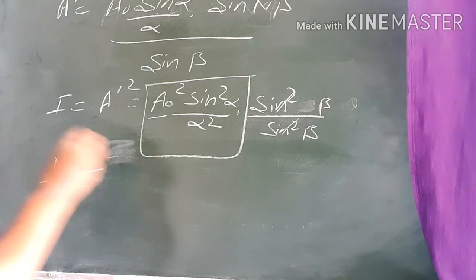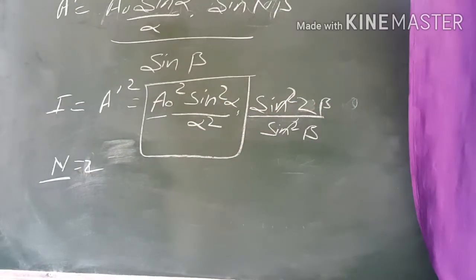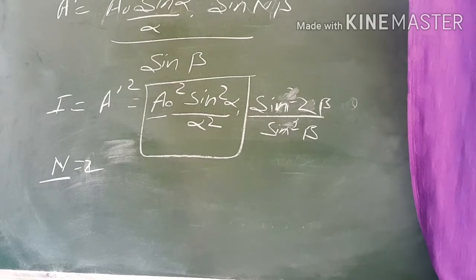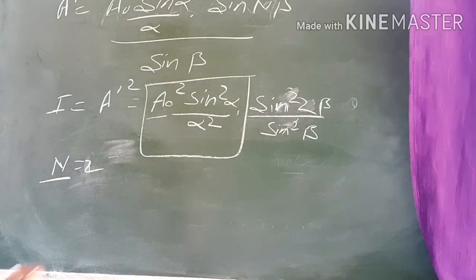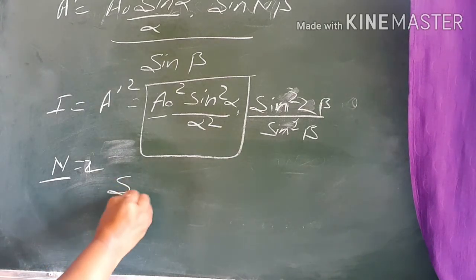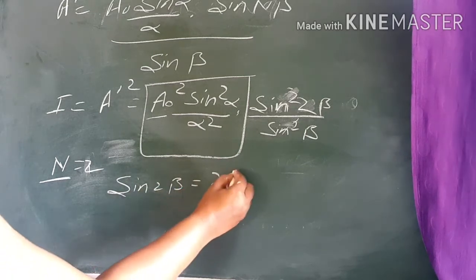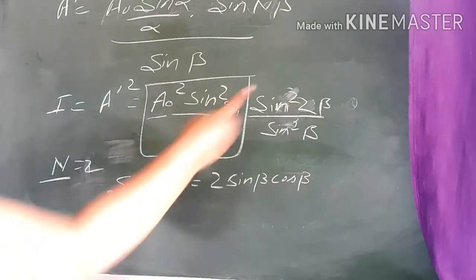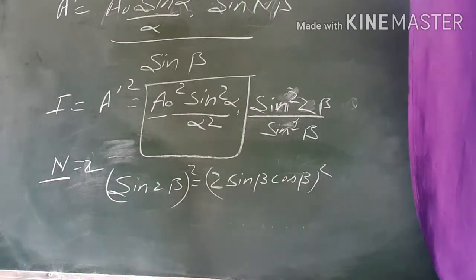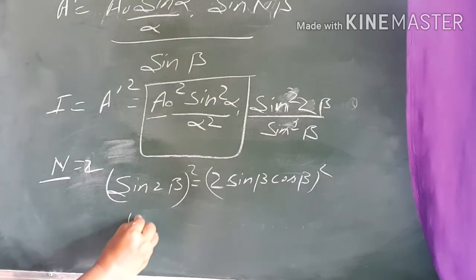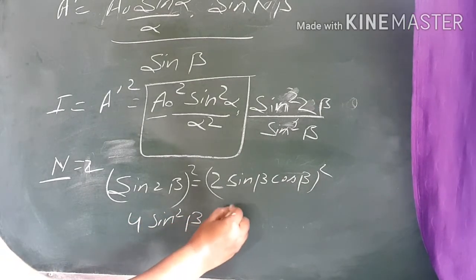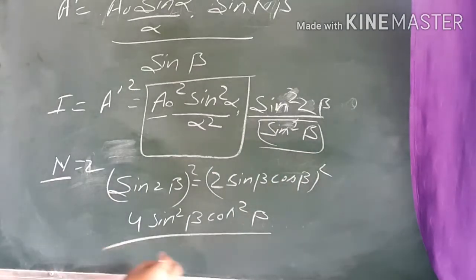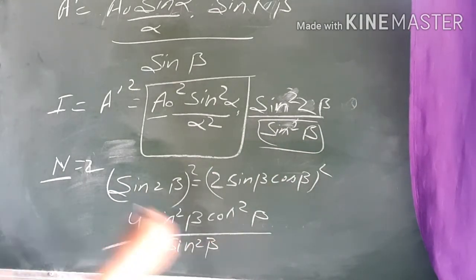If n is equal to 2, then this is sin square 2 beta, and we know sin 2 beta is equal to 2 sin beta cos beta, and its square is 4 sin square beta cos square beta, divided by sin square beta.